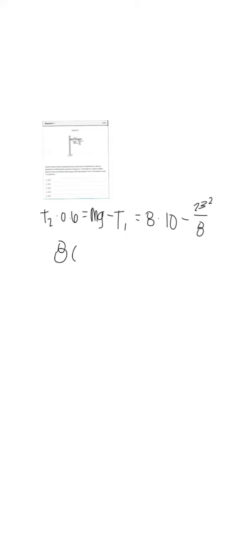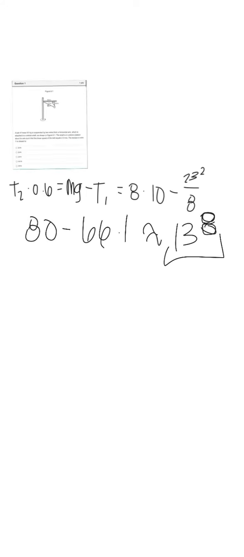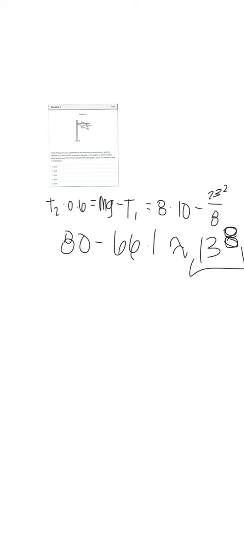So we have 80 minus 66.1, and this is approximately 13 to the 8th. So now that we have this value, we can go ahead and use this part of the equation to solve this question.